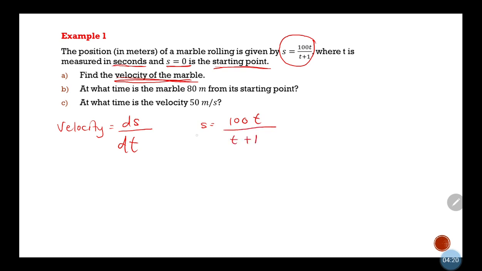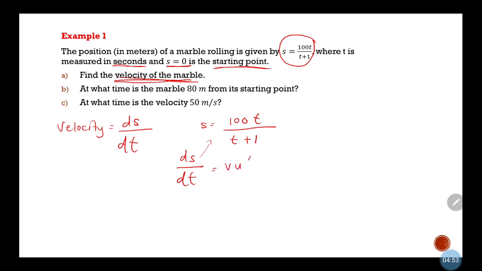We want to find the derivative of s with respect to time, ds over dt. Looking at this equation, you can see it is a rational function, where there is a numerator and denominator. So which formula should we use, guys? Remember? We should use this one.